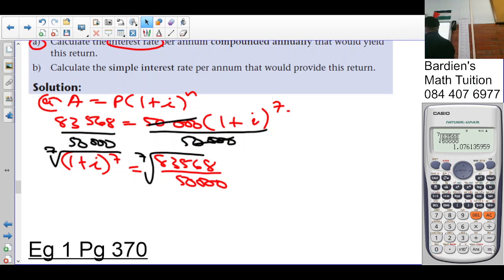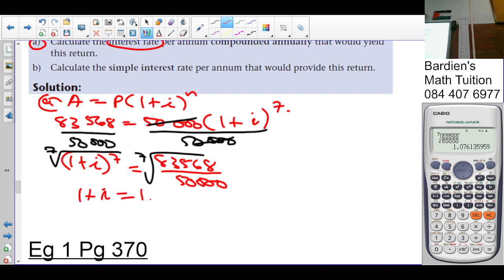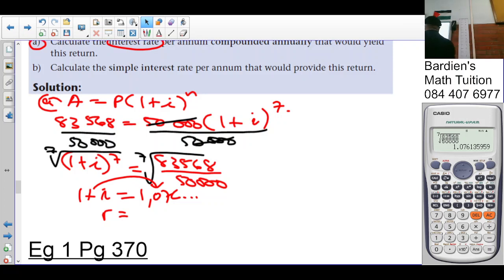That gives us 1.076. So 1 plus i equals 1.076, and the number carries on. Then I subtract 1 and multiply by 100, since they wanted the rate. So minus 1 times 100 gives us 7.61%.